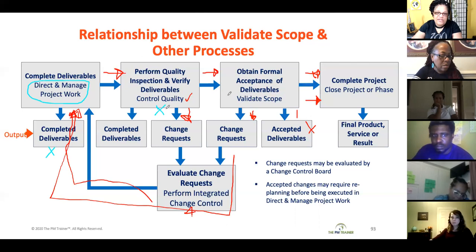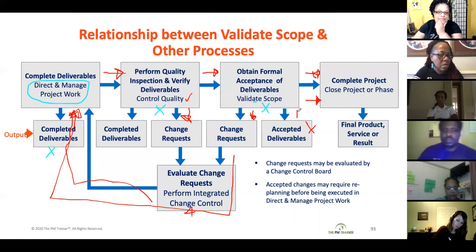And then verified deliverables are evaluated through your validate scope process, and they become accepted deliverables. Once they become accepted deliverables, now they're well on their way to becoming a part of that final product, service, or result. Does that make sense?